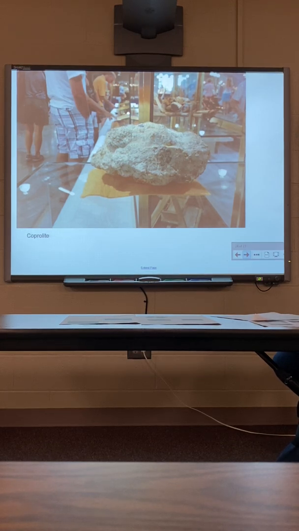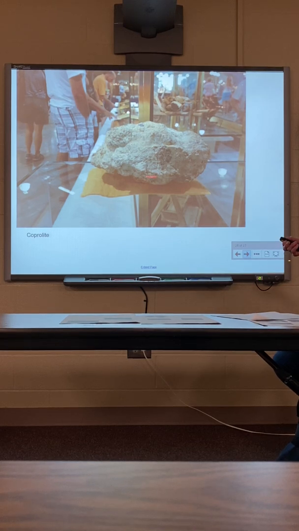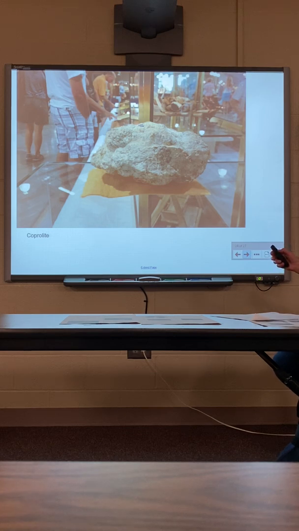That's a big poo. I took that photograph at one of the Tulsa Gem and Mineral Society shows that they have in the summer, and the thing's about the size of a basketball. So there were some big animals back then, okay? Now, it's no longer poo. There's nothing there that's poo. It's all rock now.